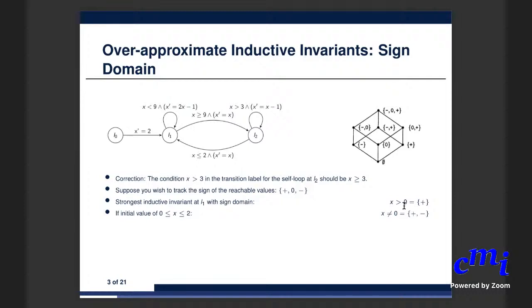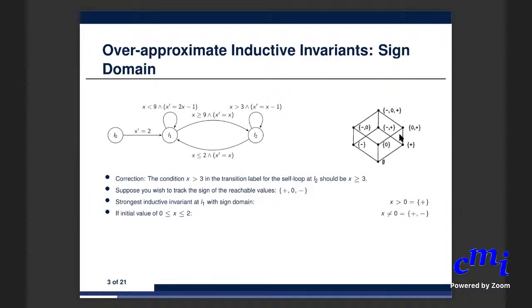If all you want to prove is that at this location X is greater than 0, then using such an abstraction will suffice. If the property you're interested in is only whether certain variables are plus, minus, or 0, then you can actually compute those invariants in an over-approximate way.